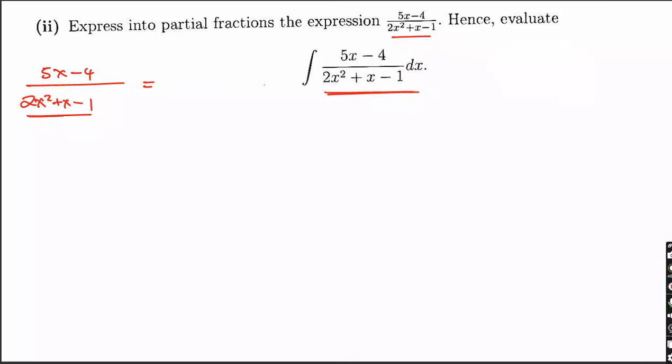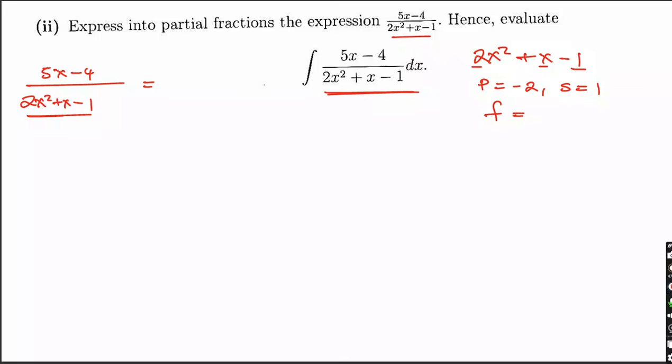This can be factorized, and it's no longer my work to teach you how to factorize. So you say plus x minus 1. The product is negative 2, and the sum is the coefficient of x, which is just 1. So what are the factors?